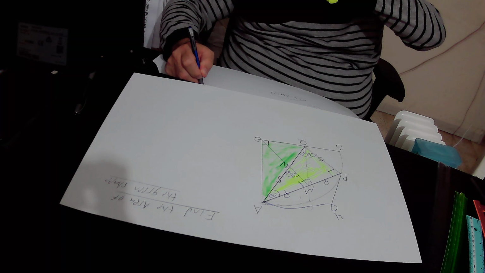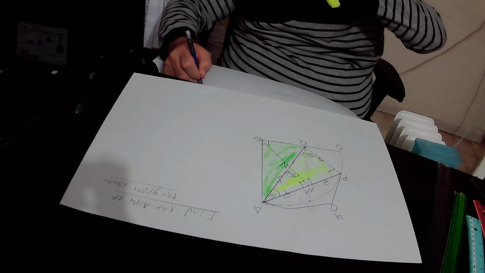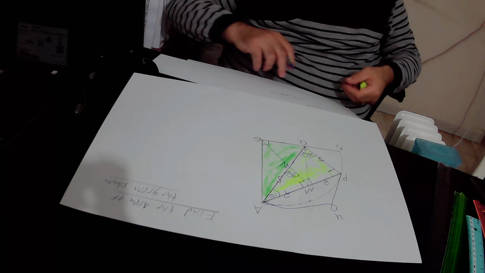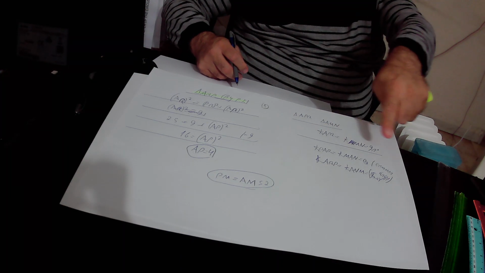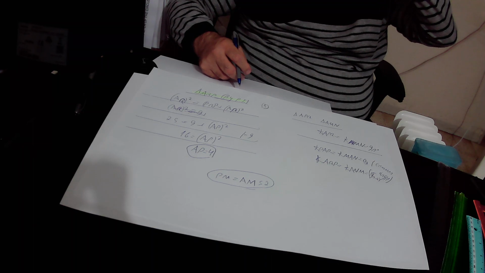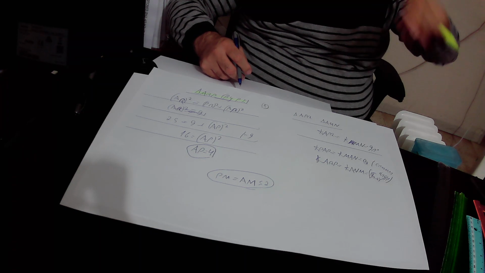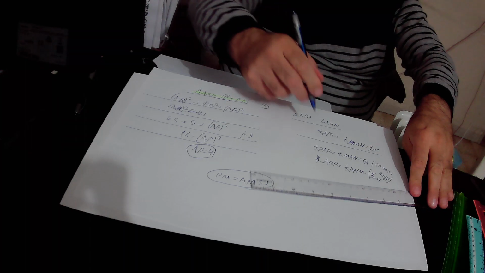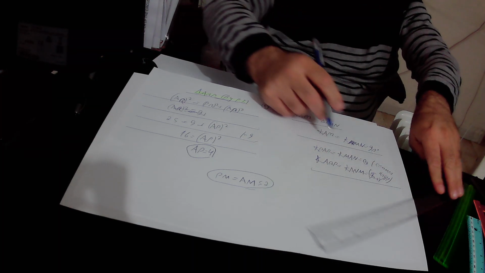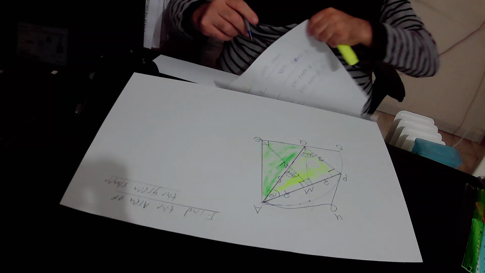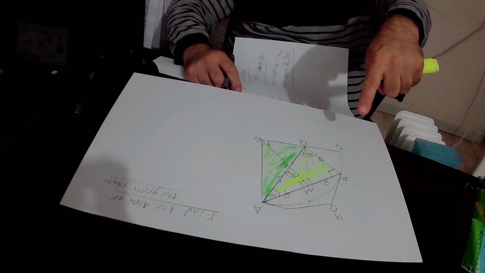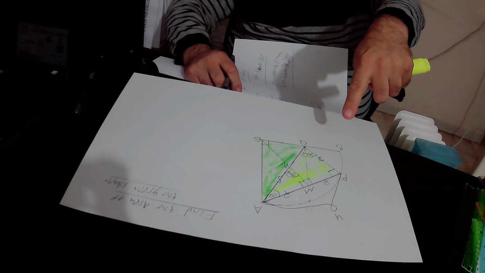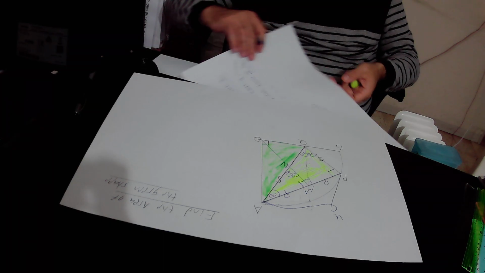They are both equal to 90 degrees minus theta, therefore they are equal to each other. I repeat again: angle AQP equals angle ANM equals 90 degrees minus theta. So we succeeded in proving that the three angles in the small yellow triangle AMN are equal to the three angles in the big right triangle APQ.